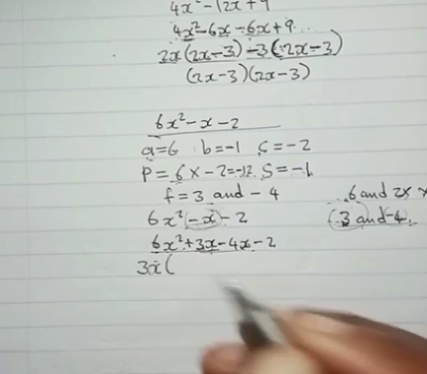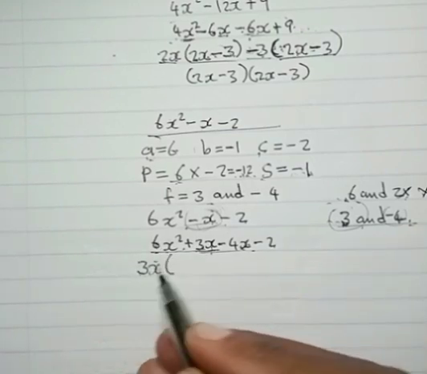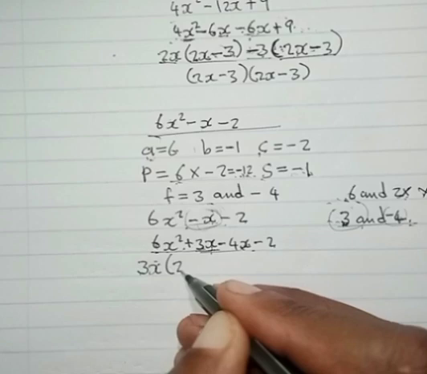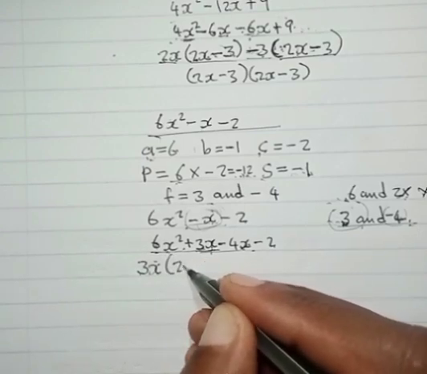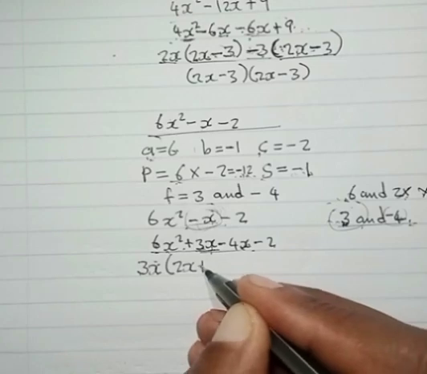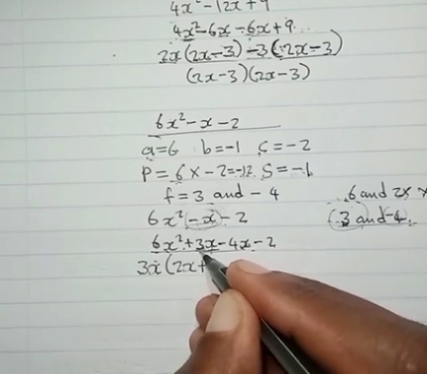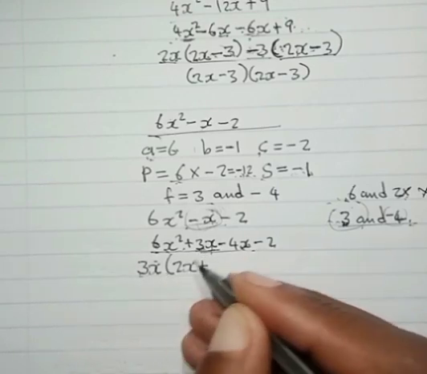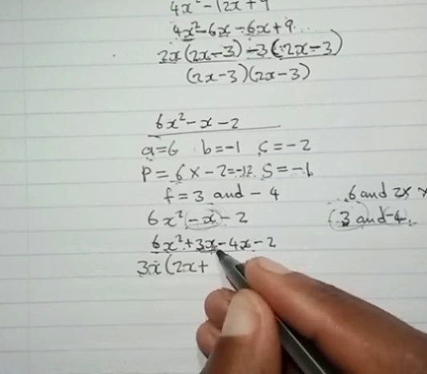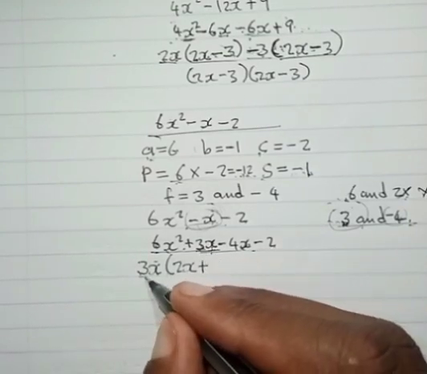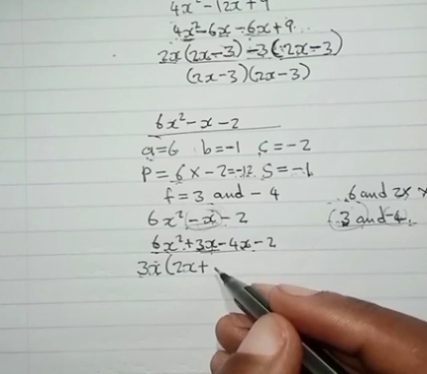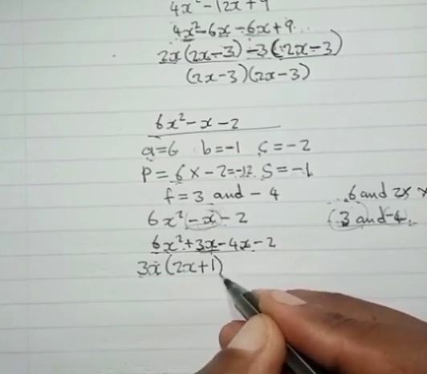Then we open parentheses. 6 divided by 3 is 2. x squared divided by x is x. Then plus 3x divided by 3x, the answer is 1.